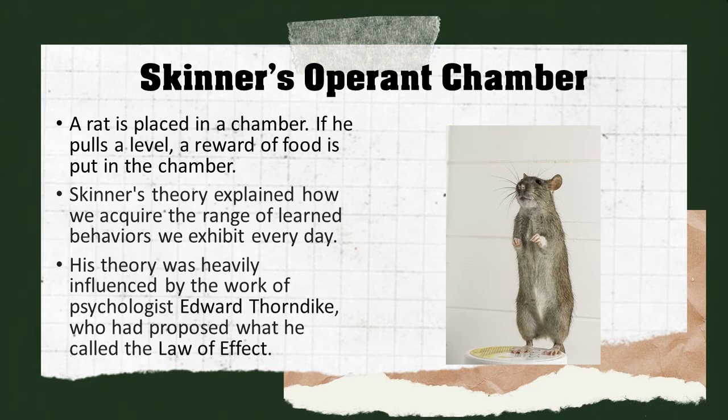His theory was heavily influenced by the work of psychologist Edward Thorndike, who had proposed what he called the law of effect. The law of effect states that actions that are followed by desirable outcomes are more likely to be repeated, while those followed by undesirable outcomes are less likely to be repeated.